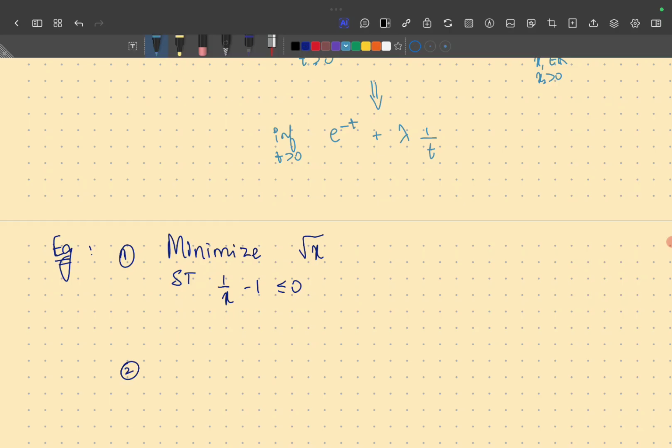So firstly, this is non-convex. But what I also want you to do is this with a slight modification: minimize square root of x subject to the constraint that x is greater than or equal to 1.